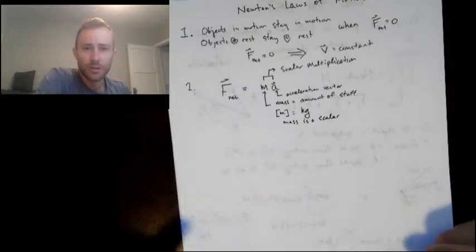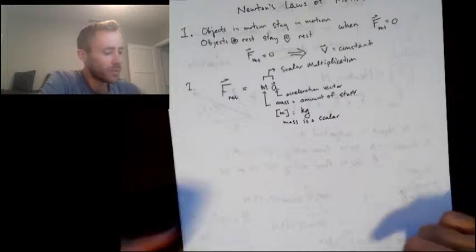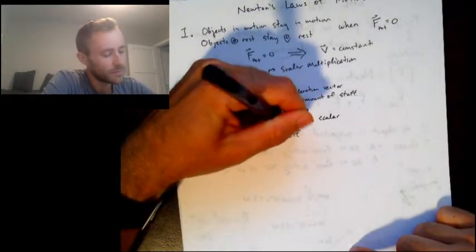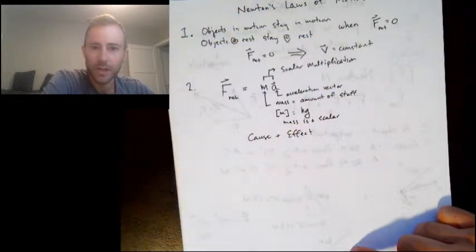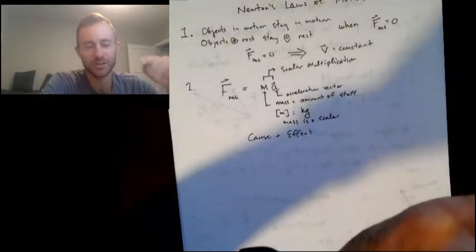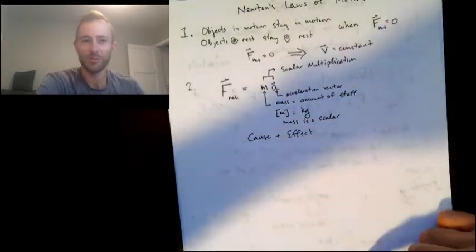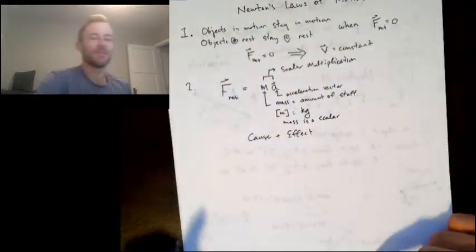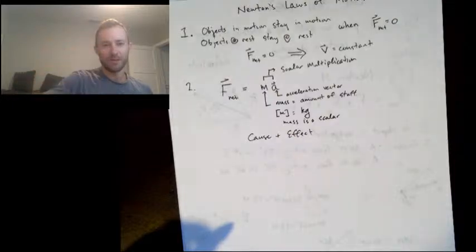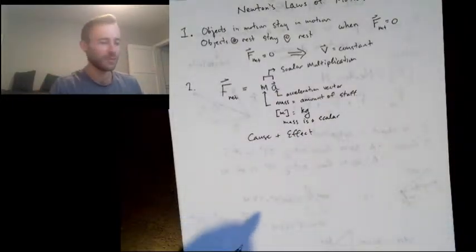I encourage you to think about Newton's second law as saying something about cause and effect. Okay? Again, we can't prove Newton's second law. Actually, we can prove Newton's second law because we can prove it from quantum mechanics, but then we can't prove quantum mechanics. So eventually, if you want to prove everything, you get to a point where you just have a fundamental law of nature that can't be proven.